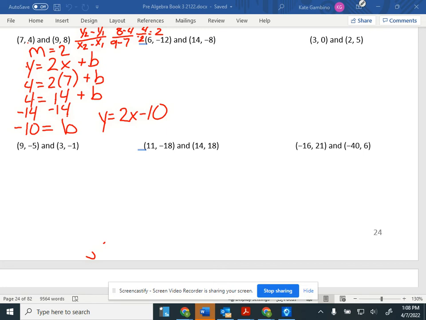Either way is fine. But I need to see your work. I should not just see the answer. There is no way you can get from here to here doing mental math. Show me your work.